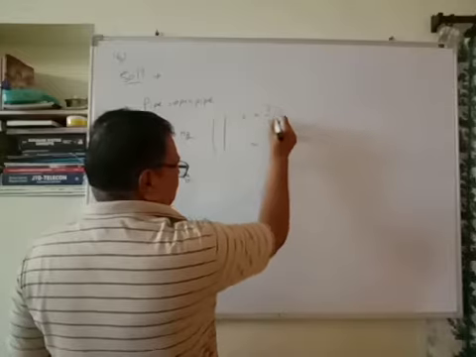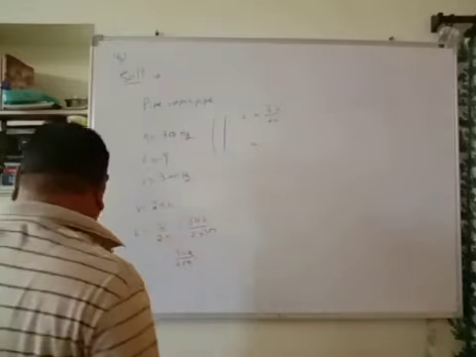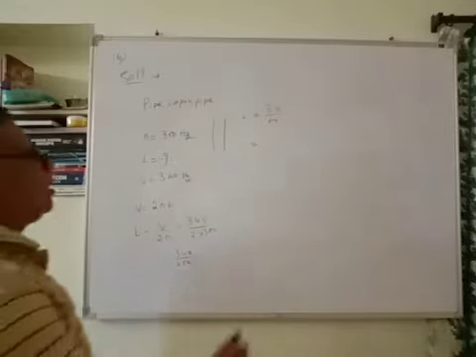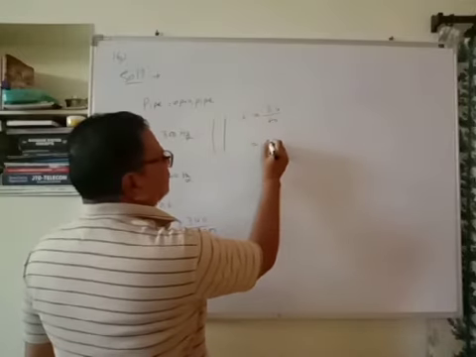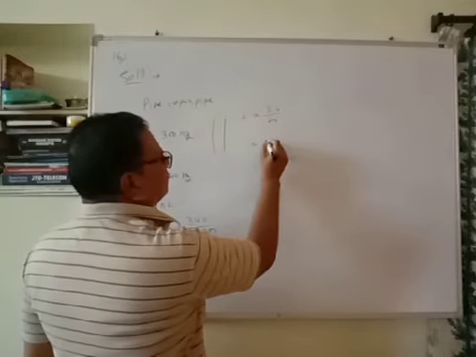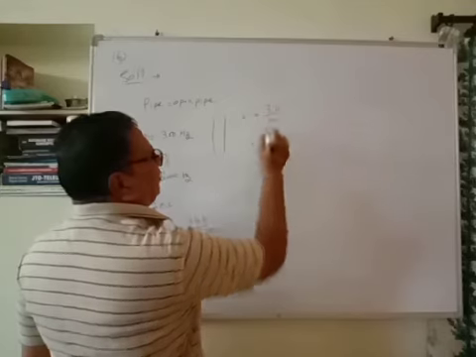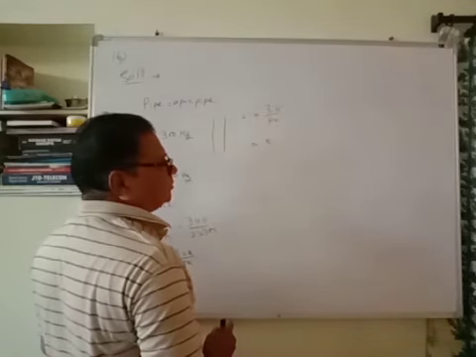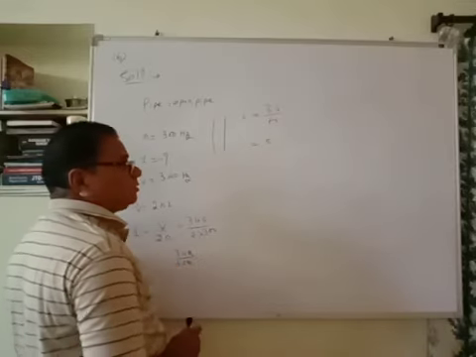Something is wrong. Okay, right. 6 5 are 30. 4 remains.